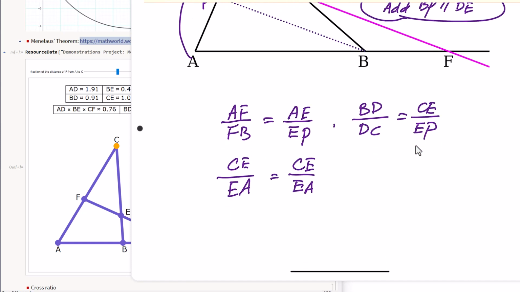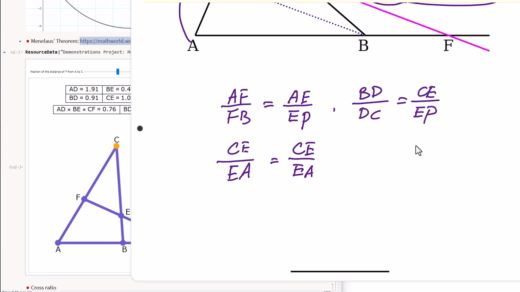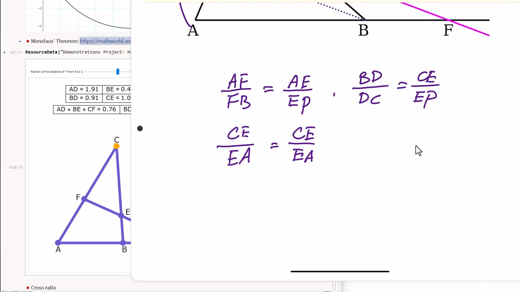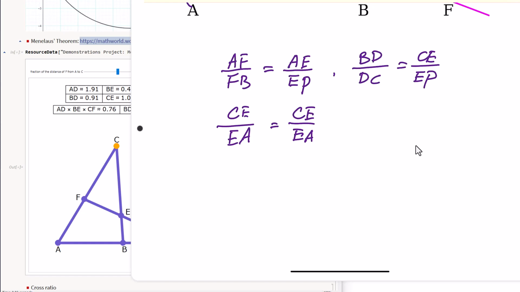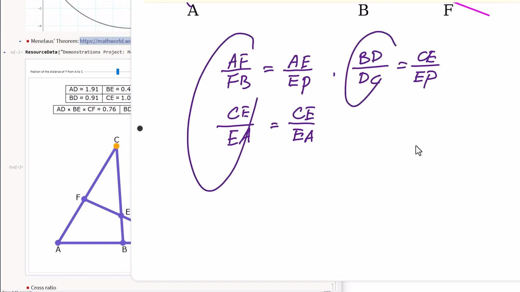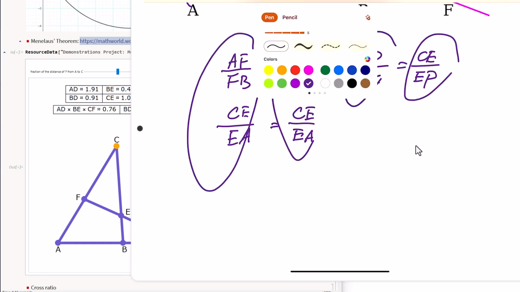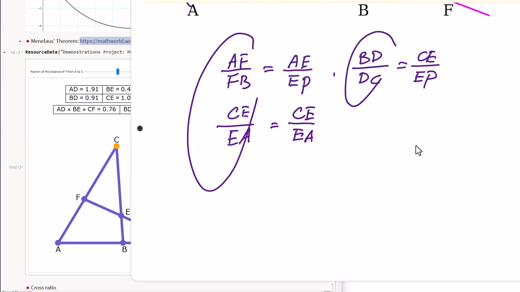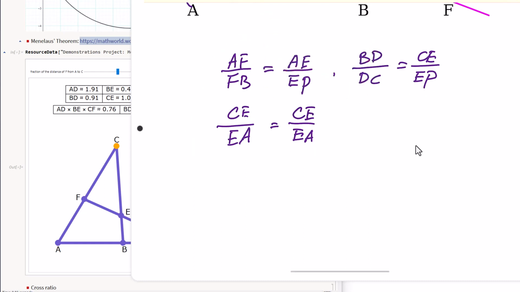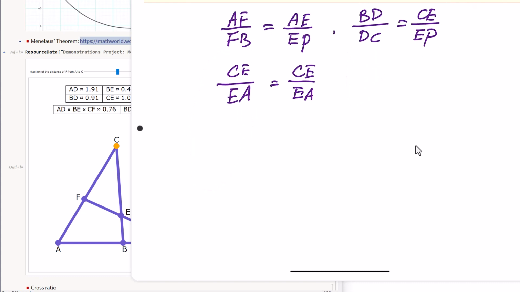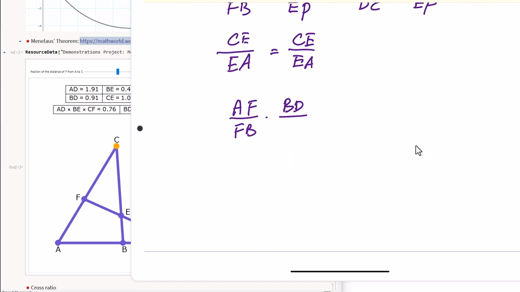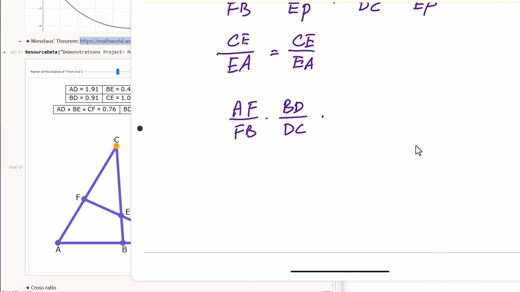Okay. And now let's try to make products on all the left-hand side and the right-hand side. We have AF over FB times BD over DC times CE over EA.